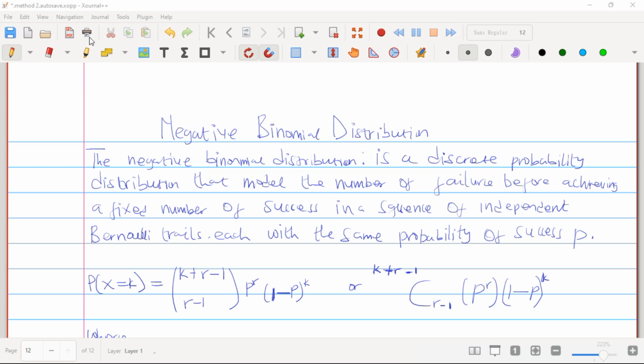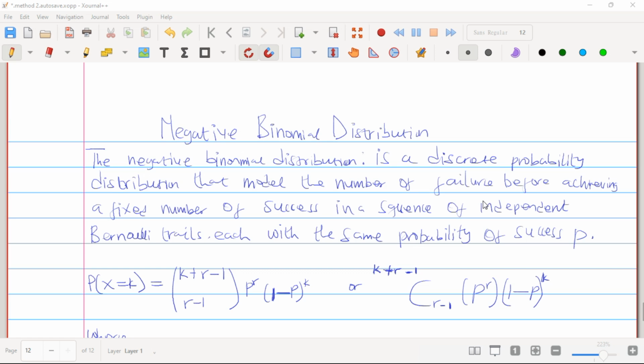So our negative binomial distribution is a discrete probability distribution that models the number of failures before achieving a fixed number of successes in a sequence of independent Bernoulli trials, each with the same probability of success P, right?